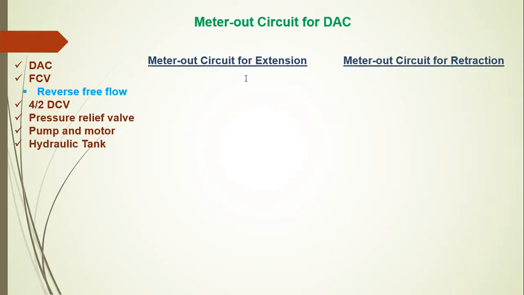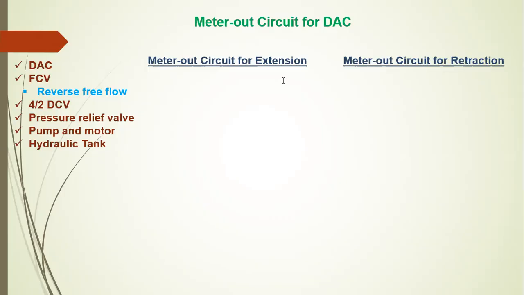In a meter-out circuit, we control the oil coming out of the double acting cylinder, the secondary side, where the FCV is placed on both sides of the actuator, in the forward direction and in the reverse direction. On our hydraulic side, these are the extension and retraction sides.